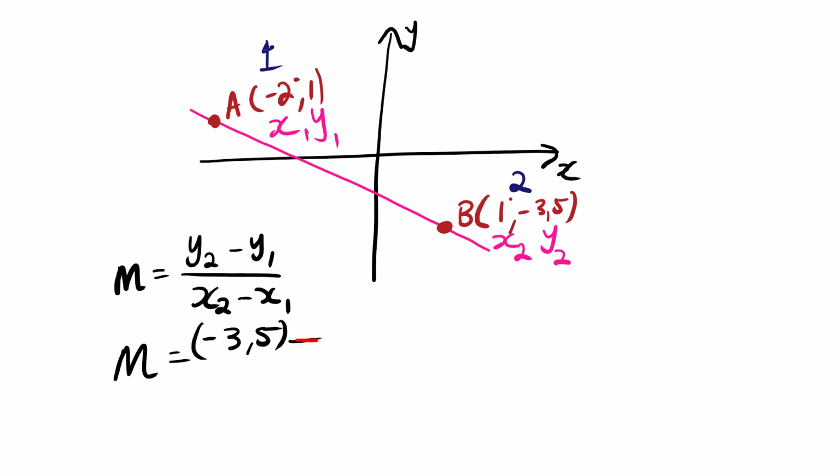So this minus is from the equation. What is our y1? y1 is 1 all over. What is our x2? x2 is 1 minus, what is our x1? We have -2. I hope you can see this.